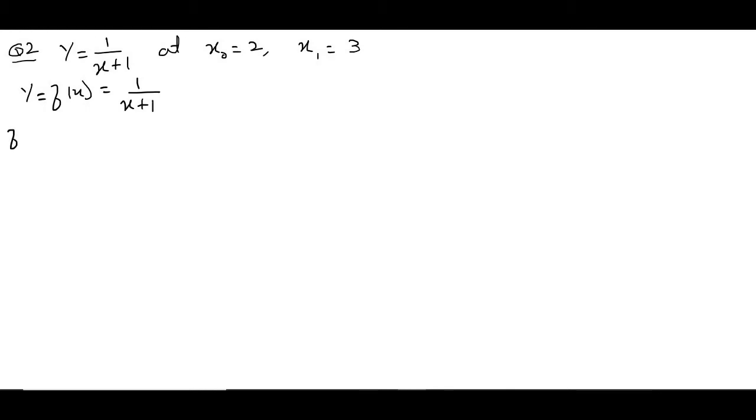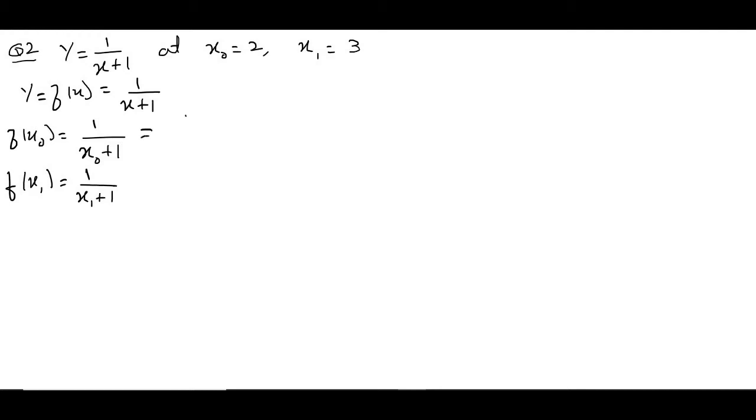Now for the first point, that is f of x naught is equal to 1 over x naught plus 1, and for the second point f of x1 is 1 over x1 plus 1. Now here one option is that you can simply put the values of x naught and x1 and simplify here and then replace the function.